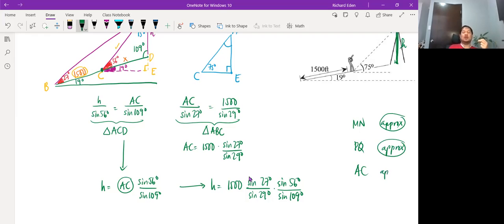So ultimately, the approximation for AC is based on a weaker version of PQ. As much as possible, keep the exact values until the very end, and that allows you to come up with the best possible approximation.